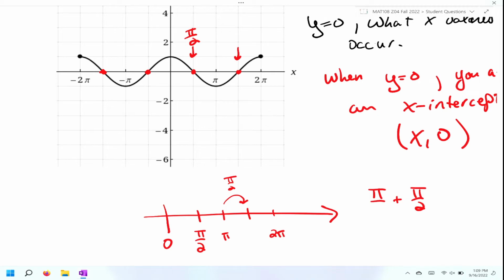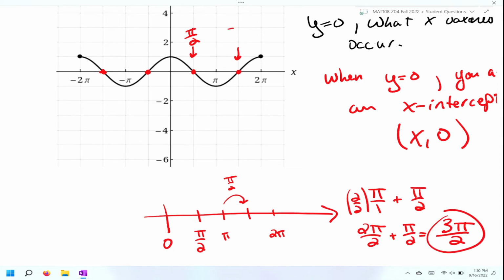When you have fractions, you need a common denominator. So we're going to make this 2 over 2, which gives me 2 pi over 2 plus pi over 2. Since the terms in the numerator are like terms, because they both contain a pi, you can add them together to give you 3 pi over 2.